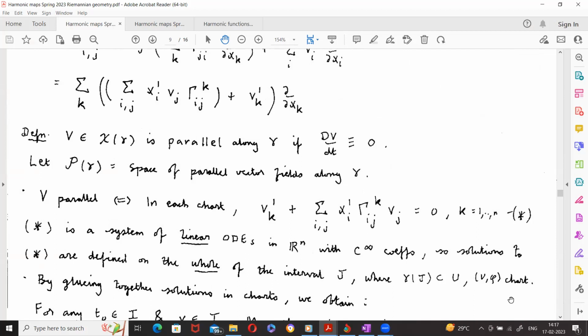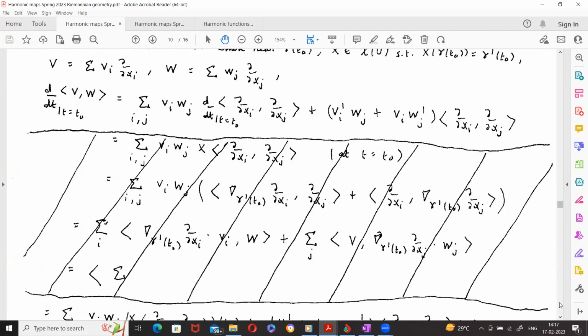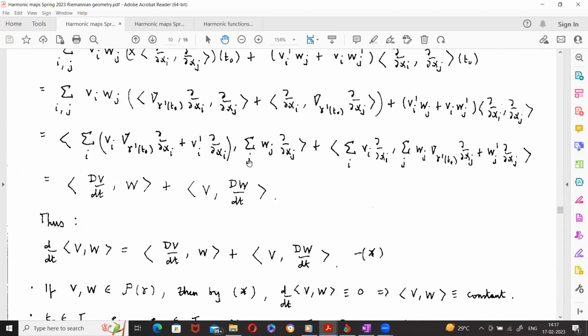And let me just, so this covariant derivative along curves, I've done this calculation here. You can have a look. It satisfies the metric compatibility of the Levi-Civita connection. It implies that the covariant derivative along curves also satisfies a metric compatibility.